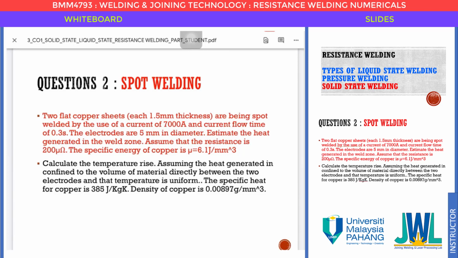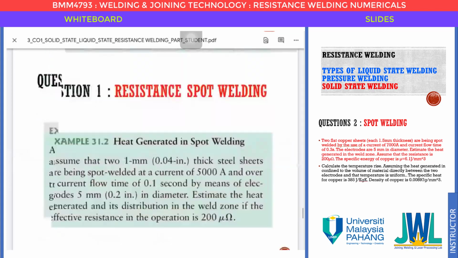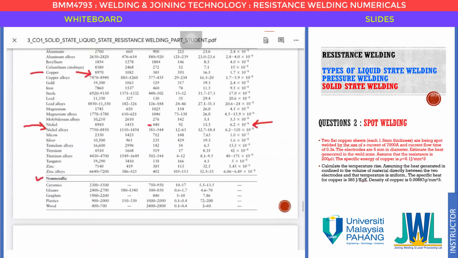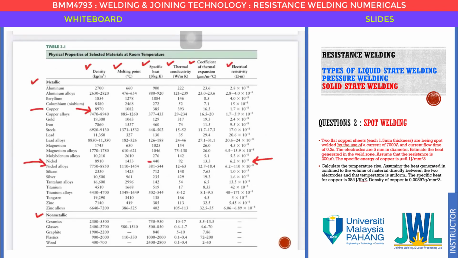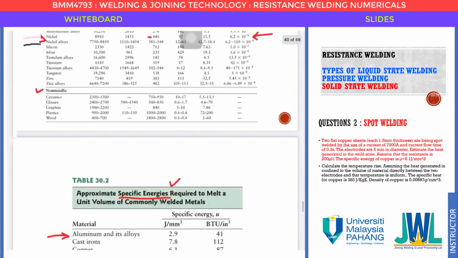So the material they have mentioned is copper. It means that maybe we have to refer to the table which I said already and earlier on, this table, the materials table. Because they have mentioned the material copper already, you guys have to refer to this table number 3.1. Okay.